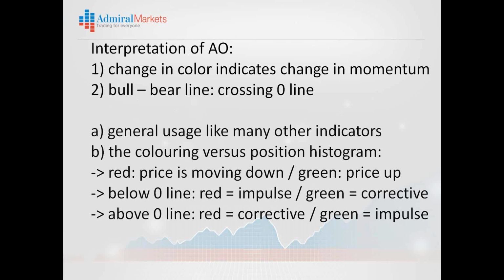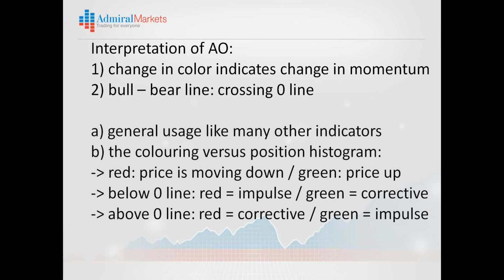Then if the histogram goes to red, that indicates that price is pulling down the 5 moving average, and the 34 is catching up, or the 5 and 34 are nearing each other, closing in, and we're getting turned to red. The momentum to the upside is decreasing. I think that's obvious, I hope, but if you have a question, let me know.